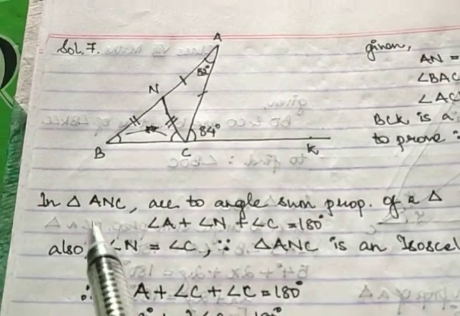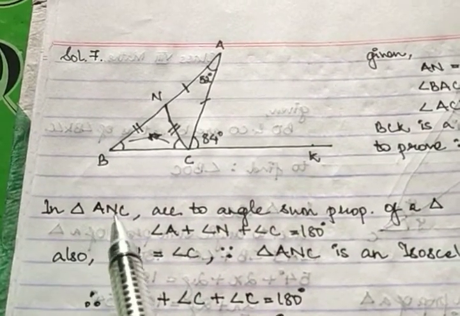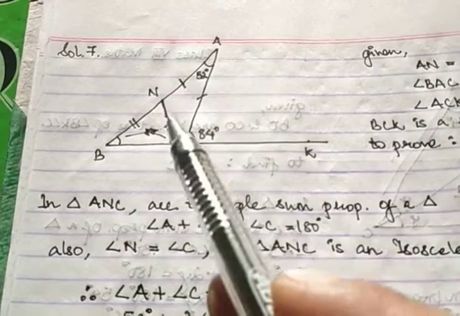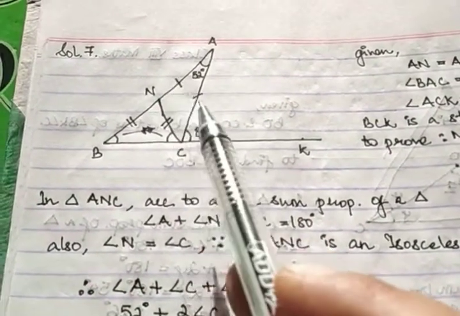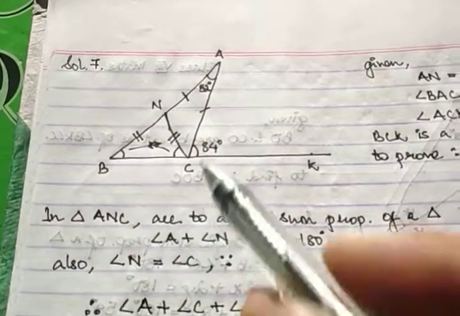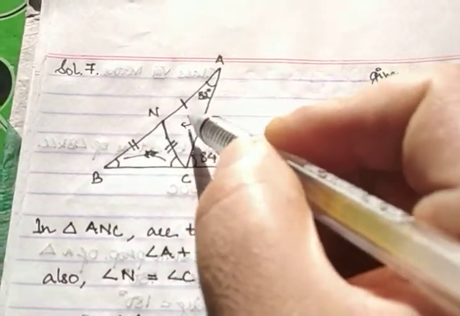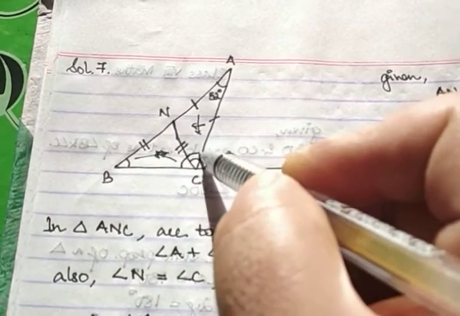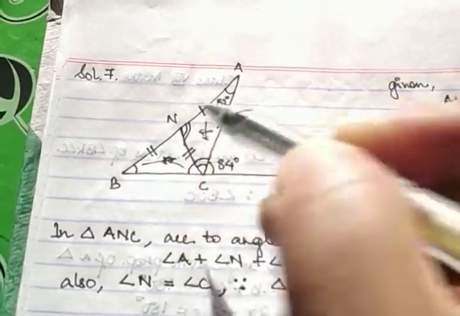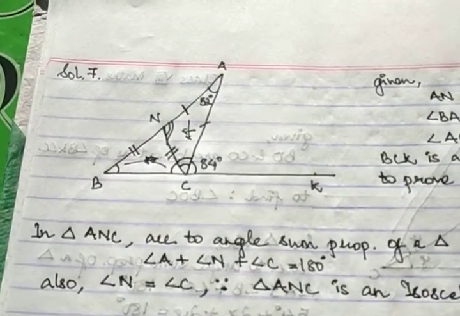So okay, now moving on to the sum. In triangle ANC, I take a smaller triangle. In triangle ANC, what do I see? These 2 sides were given as equal. Now let's check the opposite angles. I figured out that this angle is equal to this angle because of the isosceles triangle.